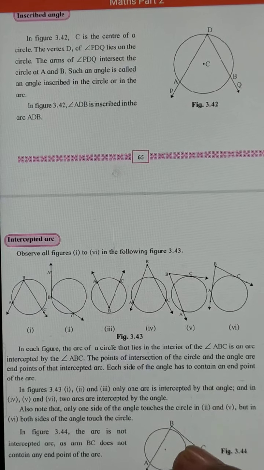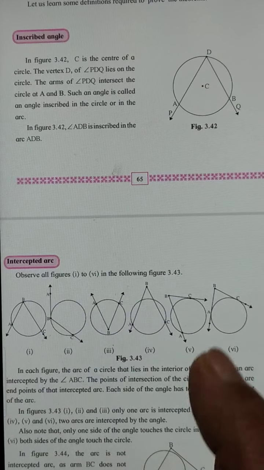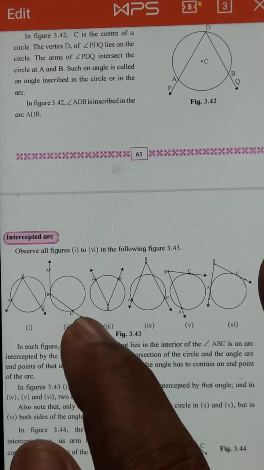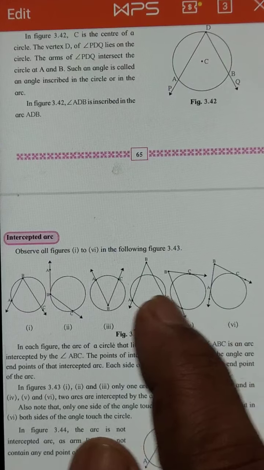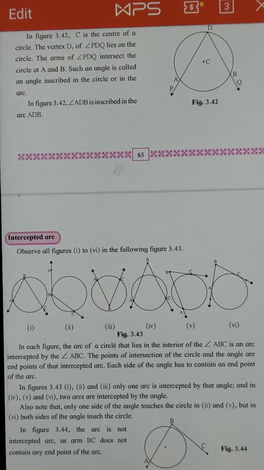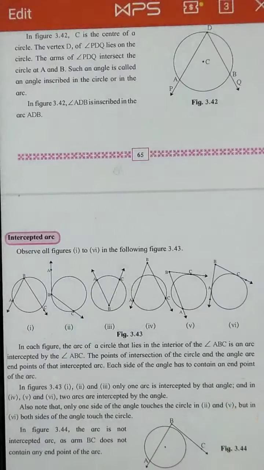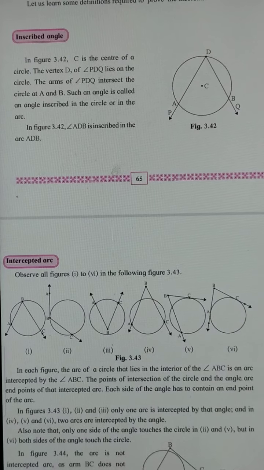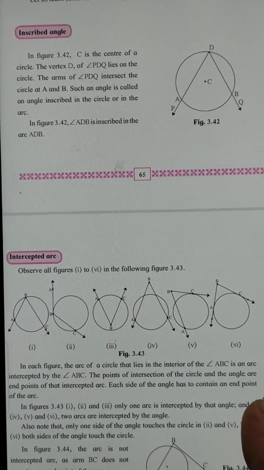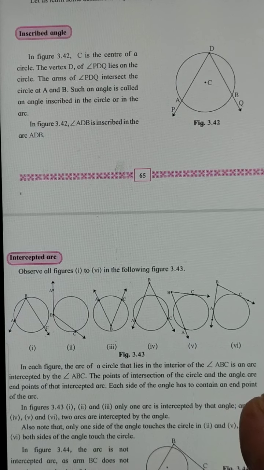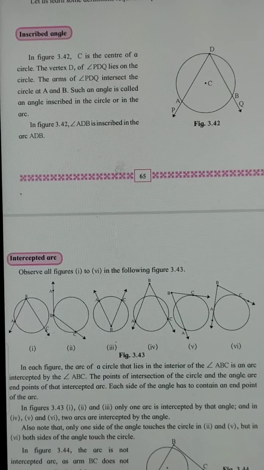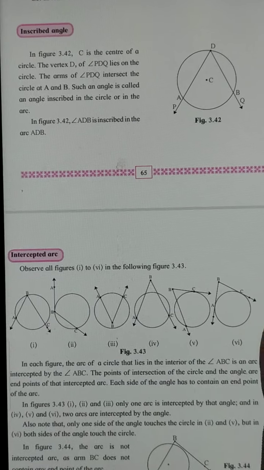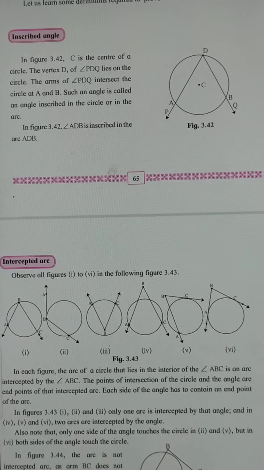Also you have to notice that only one side of the angle touches the circle in the second and fifth figure. Here only one side of the angle touches the circle, but in the sixth figure, both sides of the angle touch the circle.